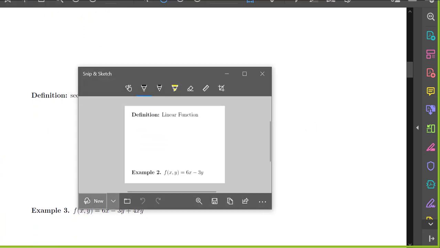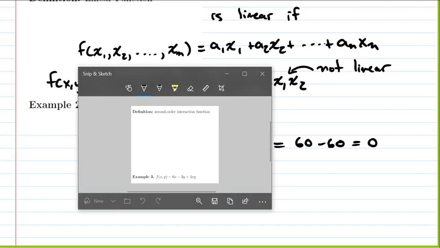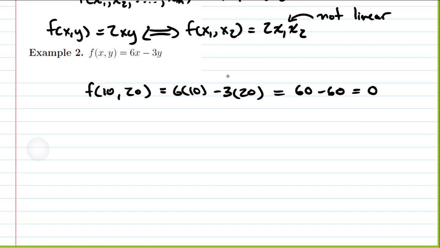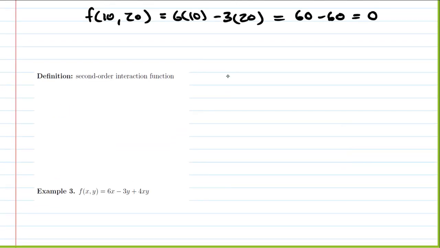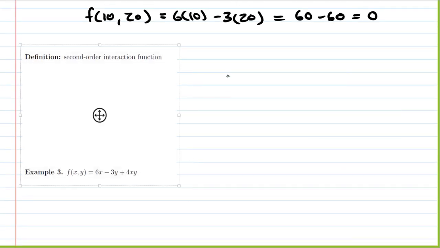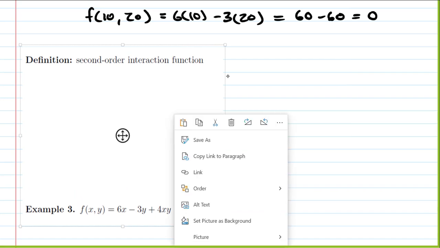All right. So the next thing we need to talk about is another definition and then an example that goes along with it. So we take a look at our next definition, and it is called a second order interaction function.